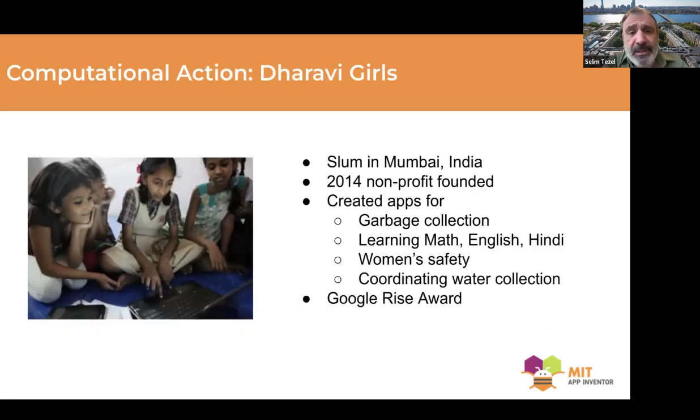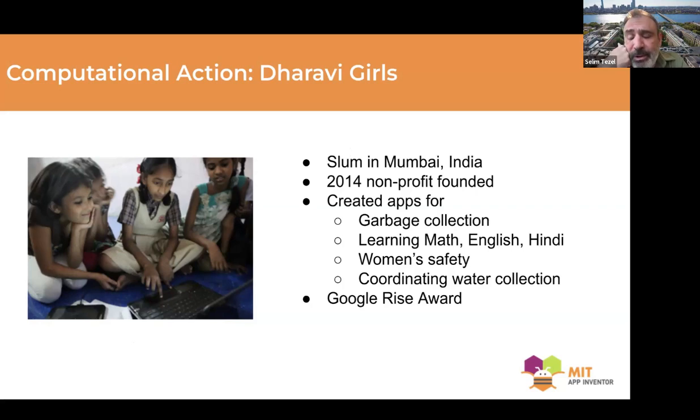So the first example is from India, from a slum in Mumbai, India, called Dharavi. So in 2014, a nonprofit was founded, and basically very young girls got together after school, and they created apps that address some need in their communities.